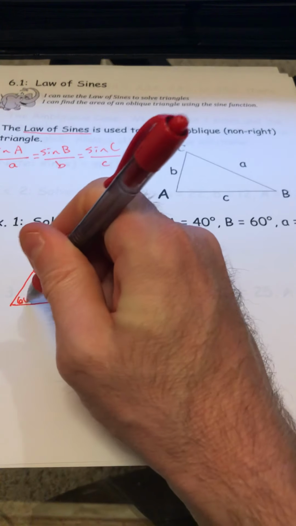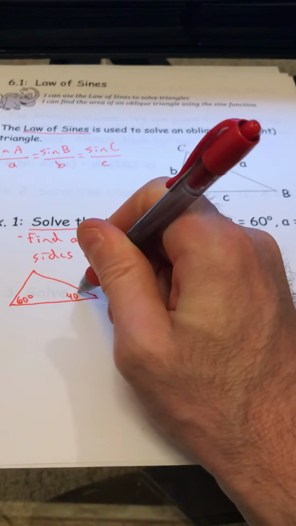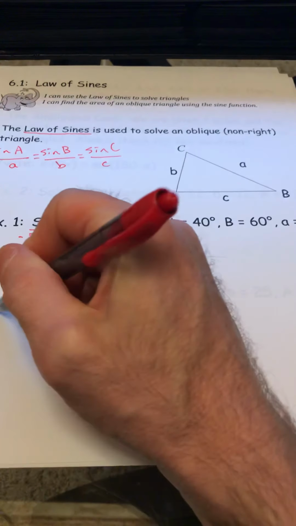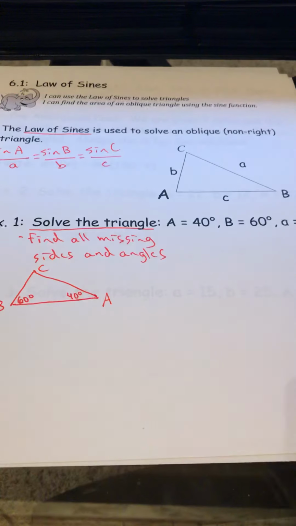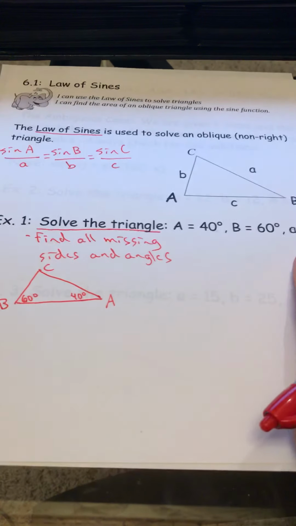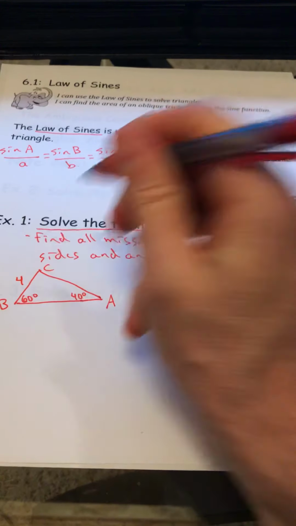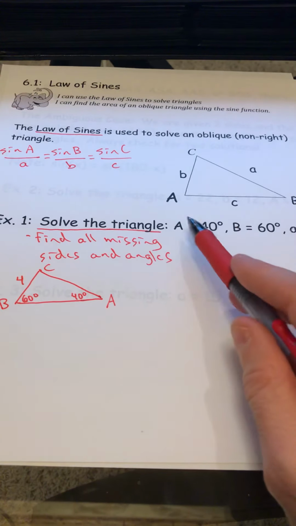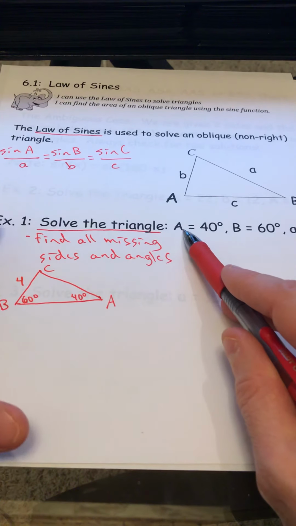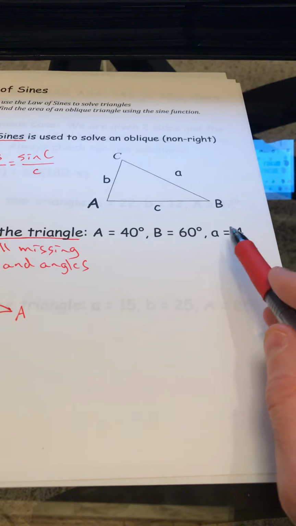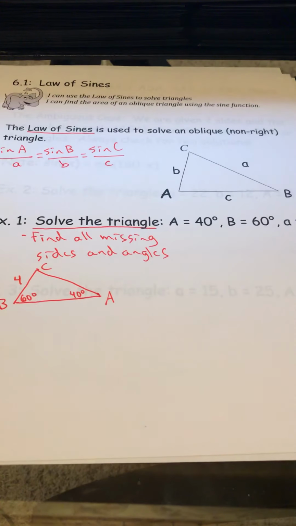So, here's my 60-degree angle, here's my 40-degree angle, so that's B, that's A, and then side A is opposite angle A. So I'm going to put that here. One of the other things too, anytime you see a capital letter, that signifies an angle. A lowercase letter signifies a side length. Alright, so from here there are three things we need to find.